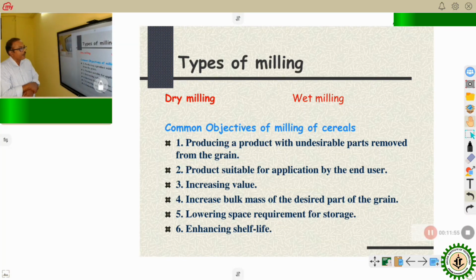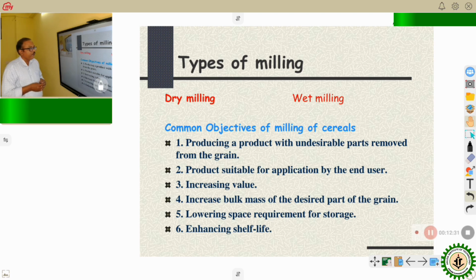Types of milling: dry milling and wet milling. Commonly, milling is of two types, one is dry milling, another is wet milling. Purposes are different. Mostly, wet milling is done to separate starch from the protein fraction. So when we require a pure cereal starch, for example corn starch or wheat starch, we do a wet milling operation. Also, wet milling is done when the grain hardness is very high and the grain cannot be ground to a fine powdery mass.